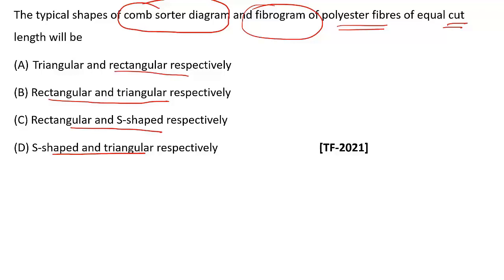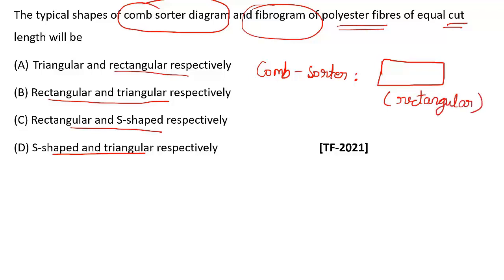So if we talk about equal cut length for polyester fibers, for comb sorter, if you have read, it is a direct question. A rectangular shaped structure is formed in case of the comb sorter diagram for polyester, rectangular, and in case of fibrogram, a triangular shape is formed, triangular.